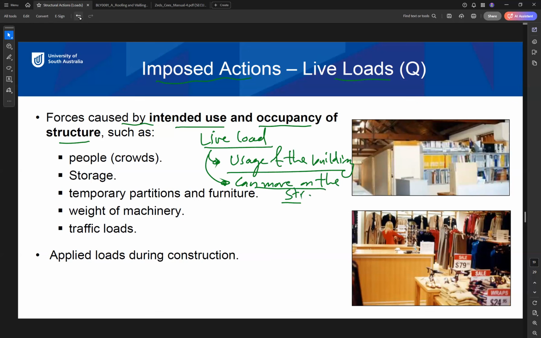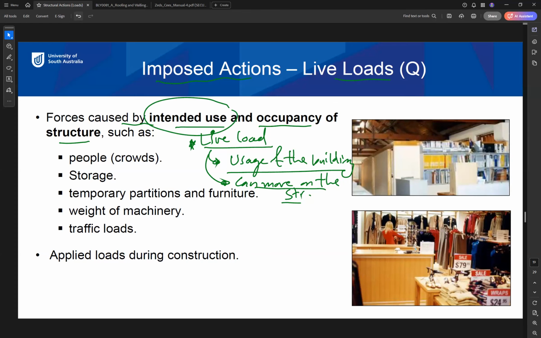Does this mean that the live load can exist and also cannot exist based on the usage of the structure? So, for example, if you are in a school, different from a house, different from a library, different from a hospital. So this is what is meant by intended use of the building or the structure. So some buildings, the live load is considered low, and some usage of the buildings is considered high.